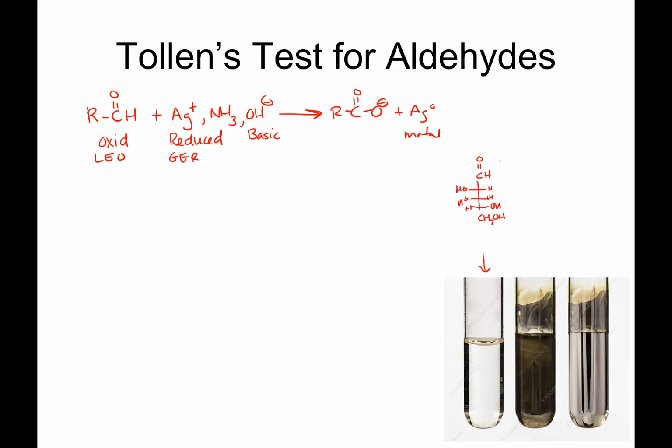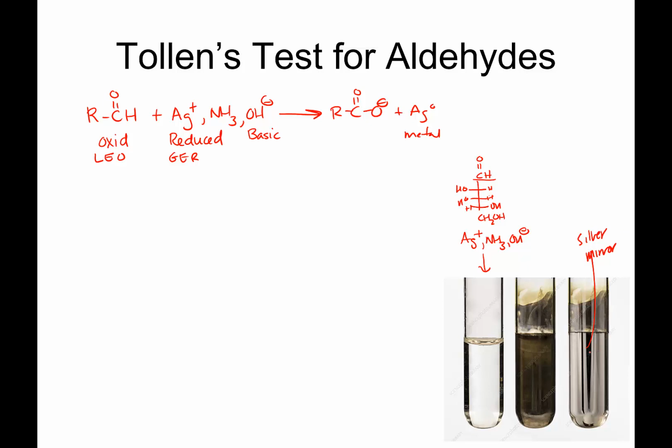In the open chain form of that sugar, there's a free aldehyde. You can go back and look at the previous lecture for all the structures of the sugars. If we treat that with our silver ion and our ammonia and hydroxide, the solution initially darkens, and then you see this silver mirror form on the inside of the test tube.